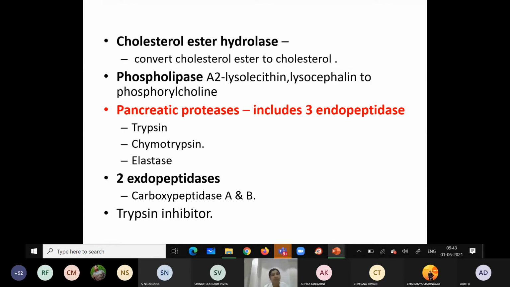It's like a double-edged sword. Why is it called a double-edged sword? Because of its potent proteolytic property, if trypsin is not restricted in its action, it will digest the whole pancreas. That is called autodigestion, which happens in acute pancreatitis.